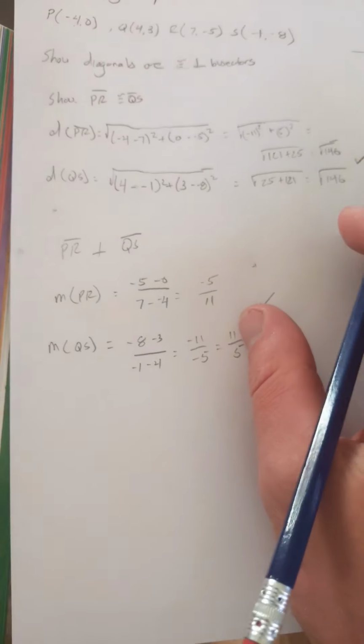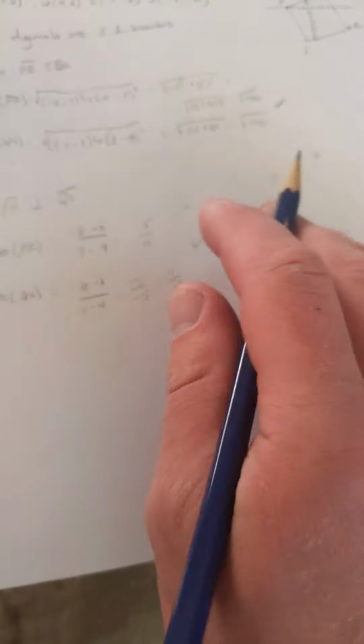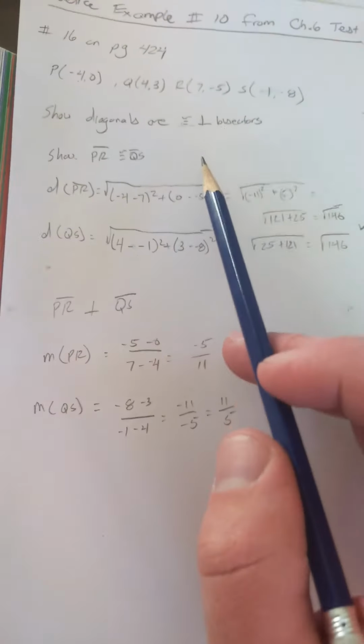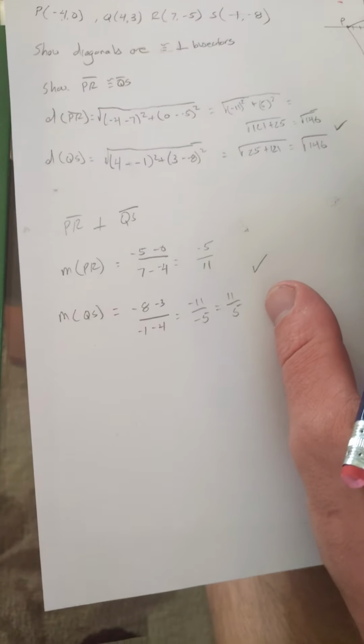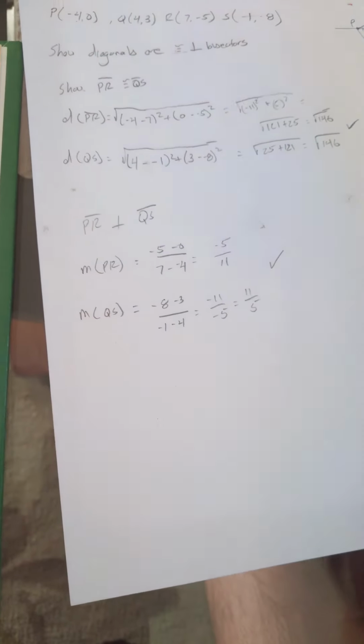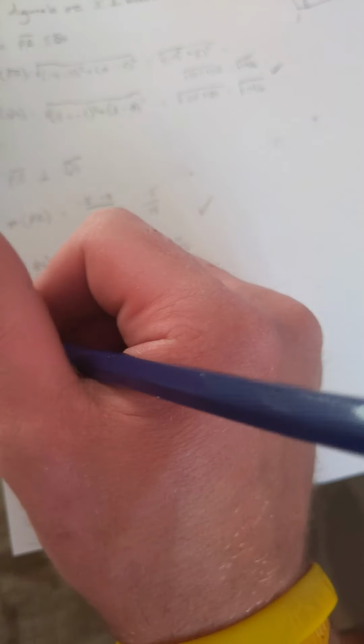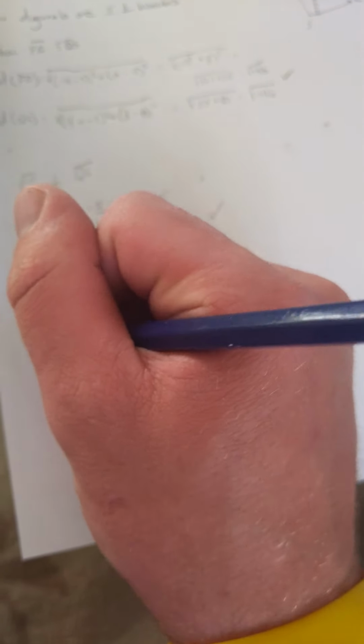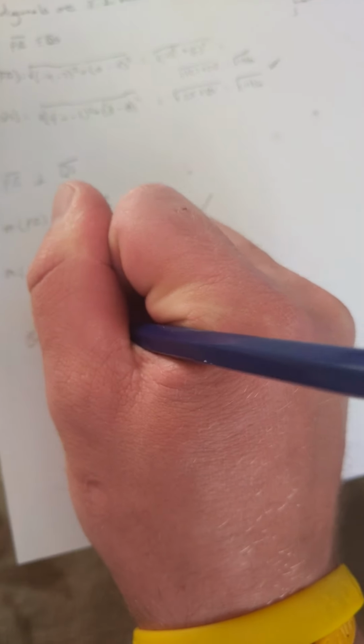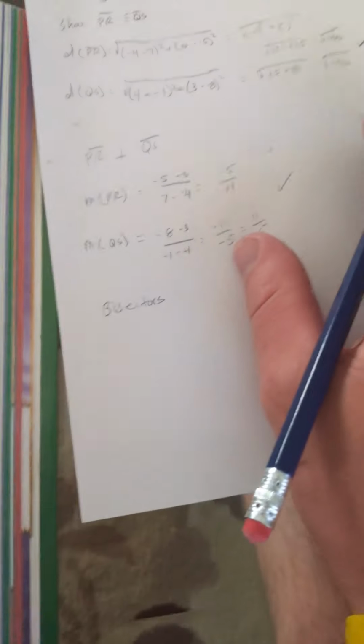So remember, we're trying to show these diagonals are congruent, perpendicular, bisectors, which then allows you to say that it is a square. Therefore, it is a rectangle and a rhombus. So now show bisectors. And the last step, just like on page 422, is to show that they bisect each other.